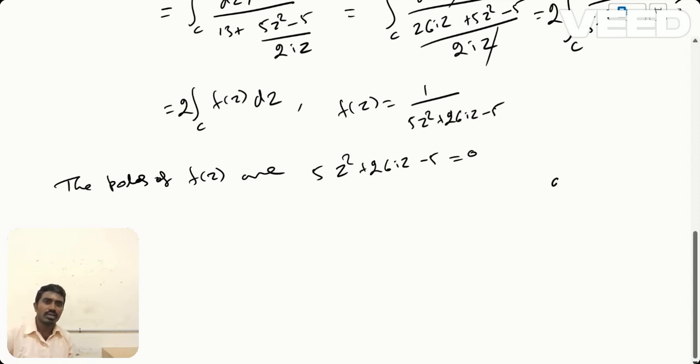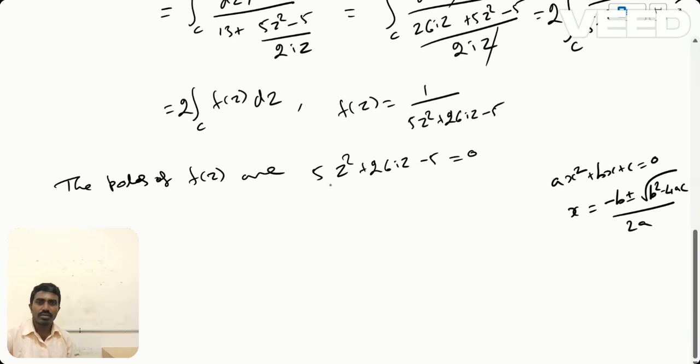We know that the quadratic equation ax square plus bx plus c equal to 0 has the roots x equal to minus b plus or minus square root of b square minus 4ac by 2a. So here a is 5 and b is 26i and c is minus 5. So substitute, then what do we get in the quadratic equation?